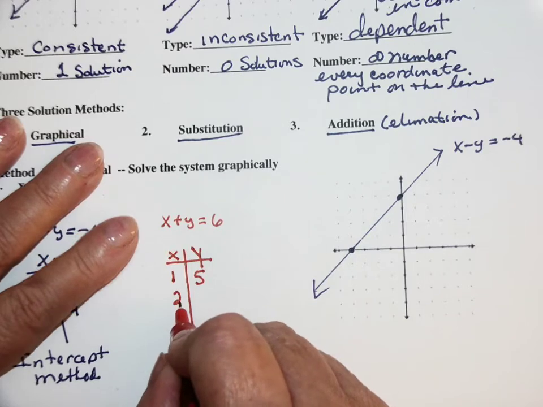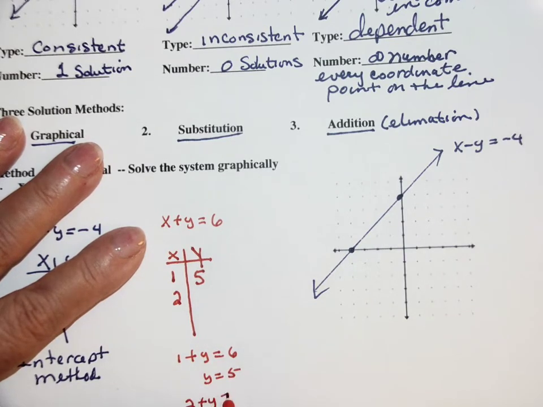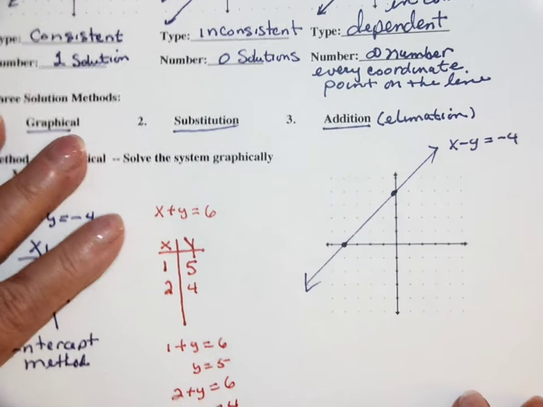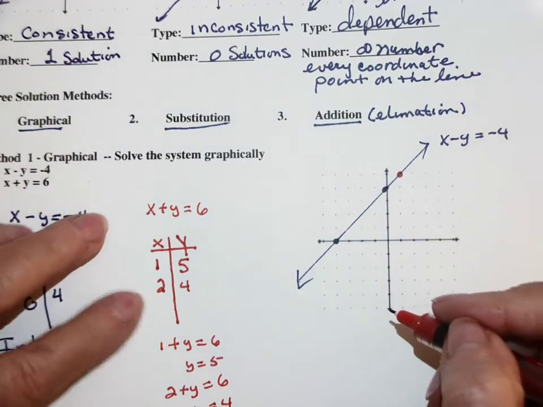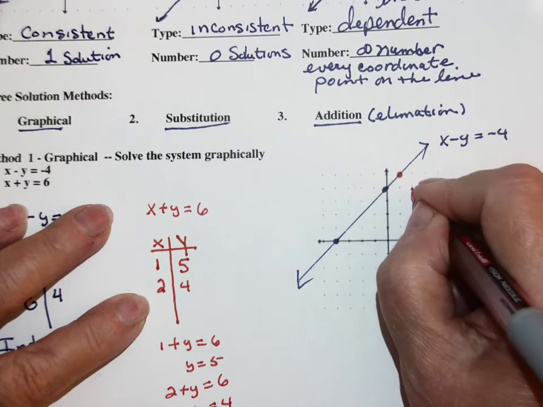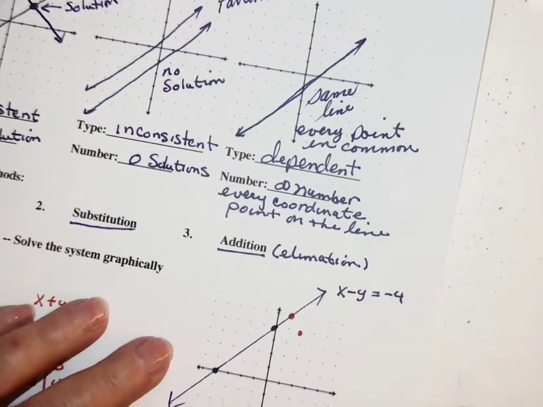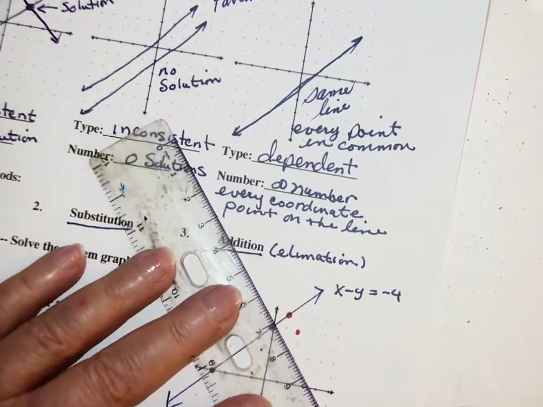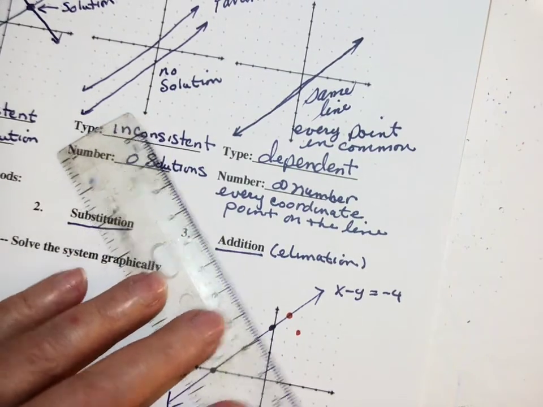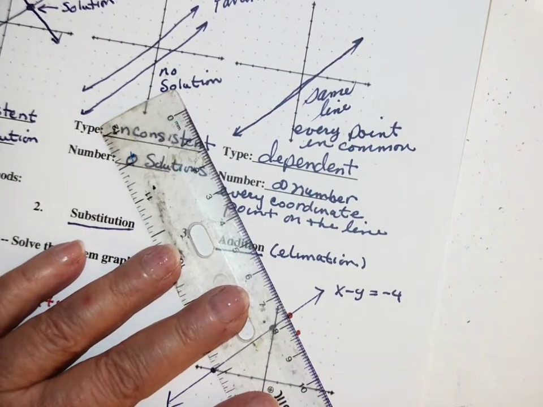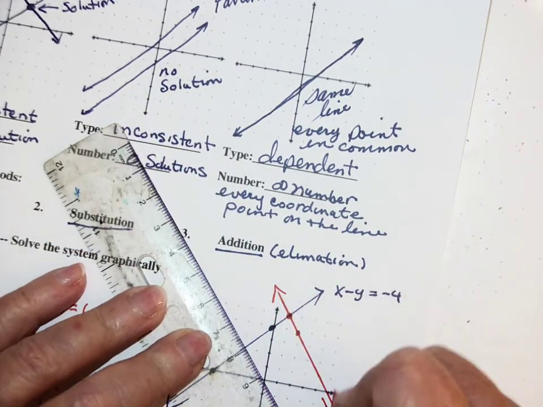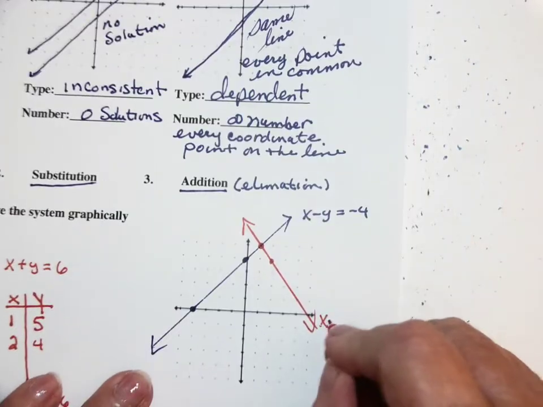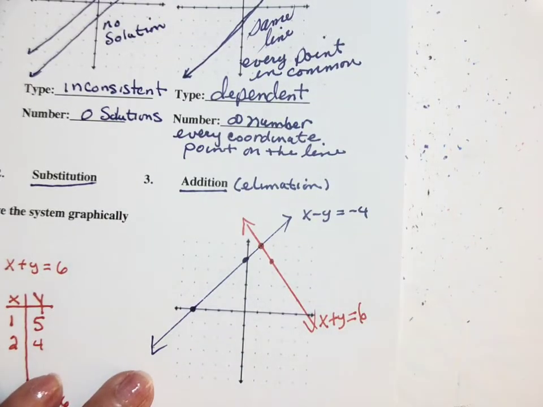And if x equals 2, that says 2 plus y equals 6, y equals 4. So 1, 5, and 2, 4. And now I'm going to line my dots up. And this is the line x plus y equals 6.